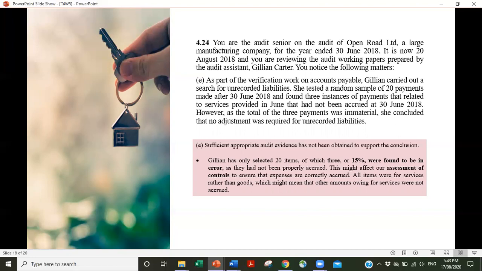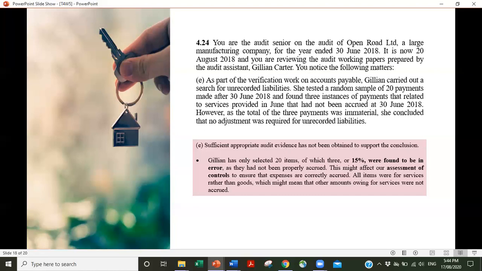So you'd have to extend your test, and you'd have to see if the 15% could be reduced. And the other thing you'd have to do is ensure that if your liabilities are not correct, then your profit is also not correct.